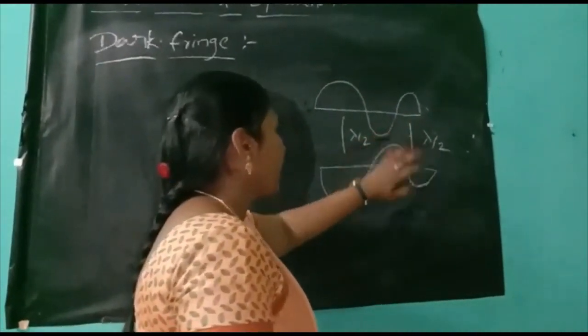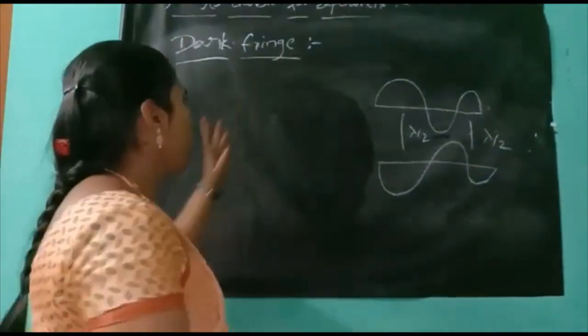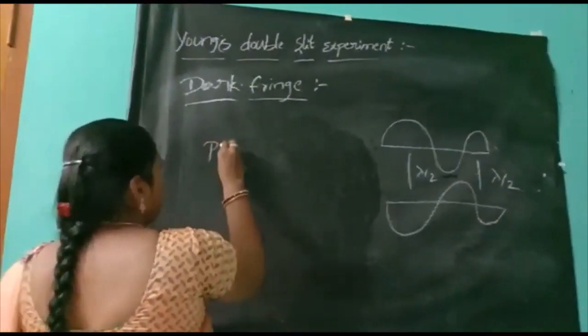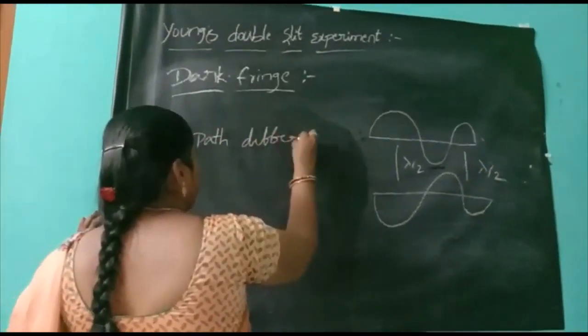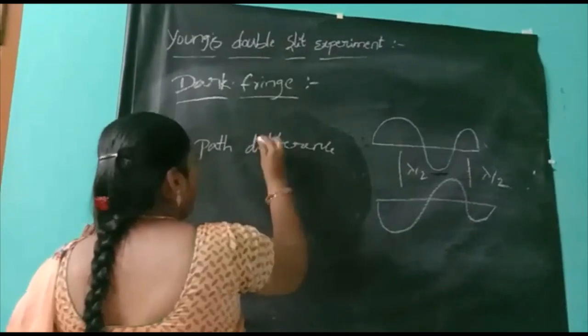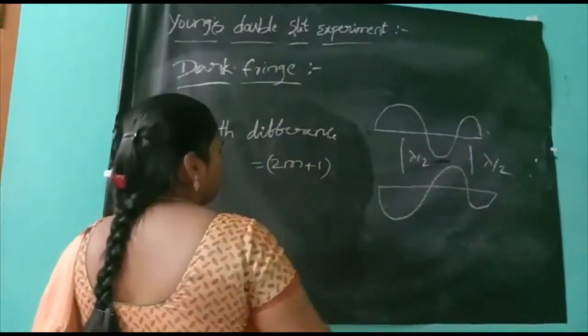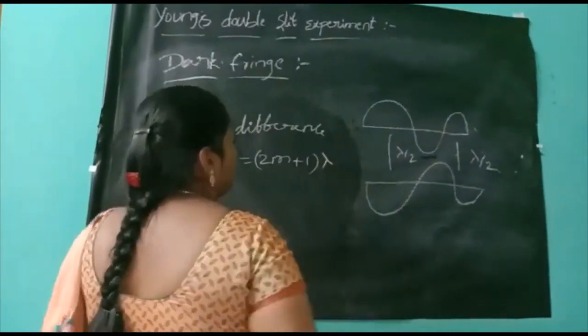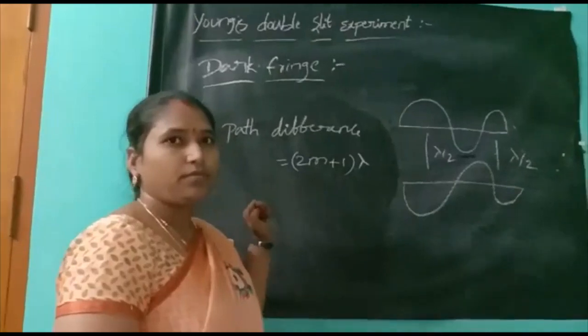Total wavelength is lambda by 2. In dark fringe, path difference is equal to 2m plus 1 into lambda.